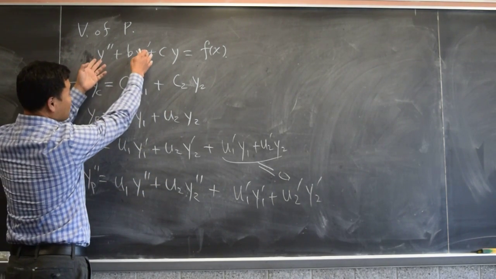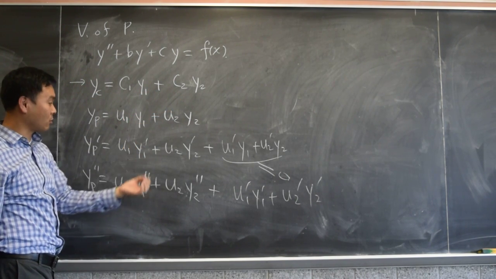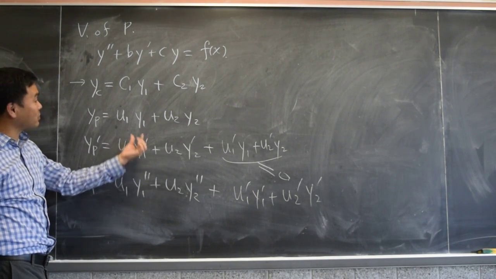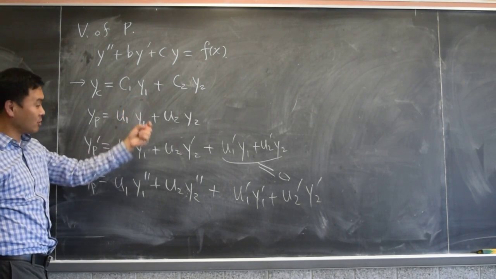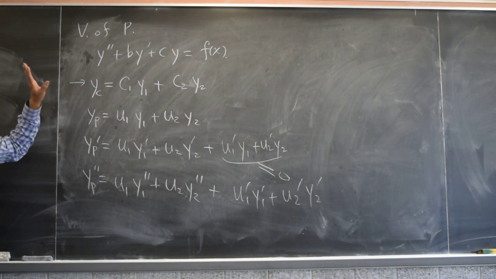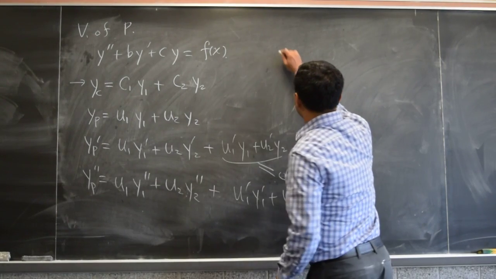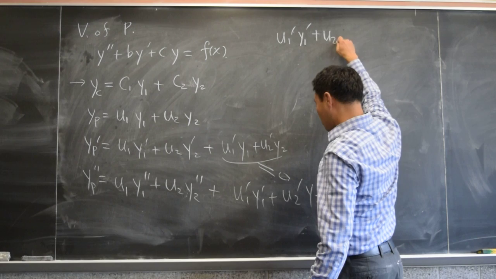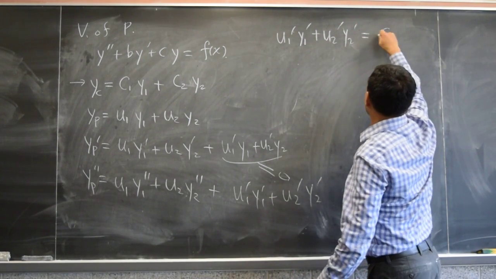these, when plugged into the left side, are going to cancel because it's the complementary solution. So, for example, y1 double prime plus b times y1 prime plus c y1 will become 0 because that's the complementary solution. Same thing happens this way. So at the end of the day, when you plug everything to the left side, all these will cancel away, and the only thing that survives will be u1 prime y1 prime plus u2 prime y2 prime equal to the right side, which is f of x.